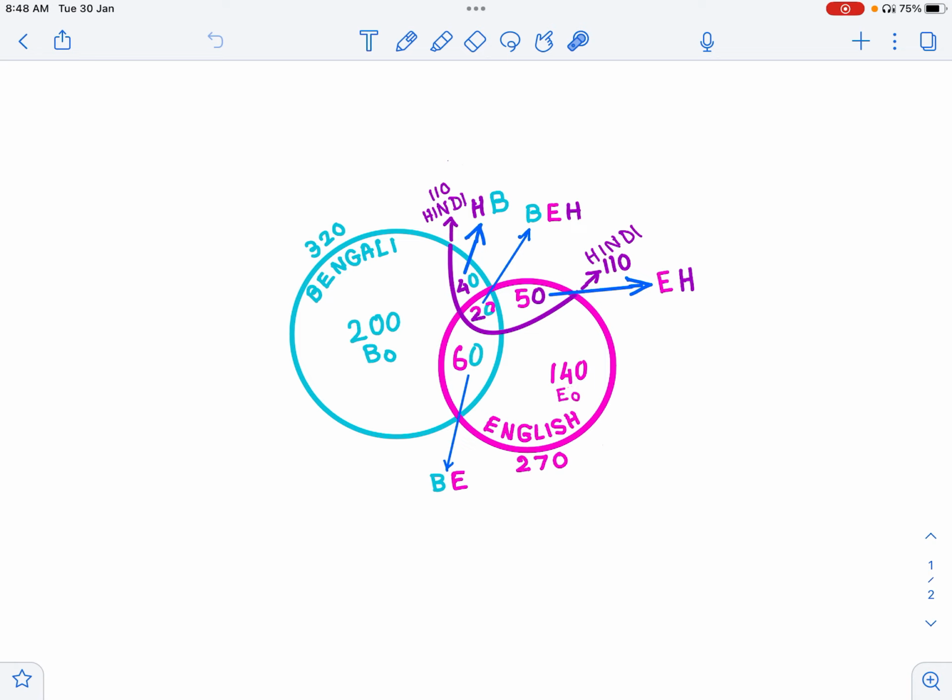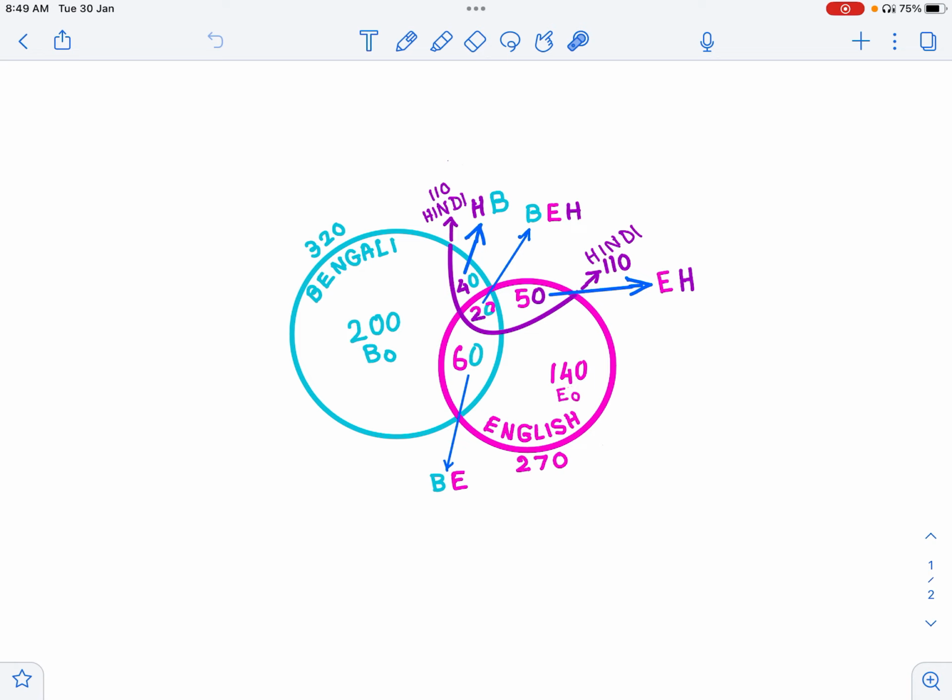The total number of students is 600, that includes 320 that learn Bengali, and 270 that learn English, that are expressed in pink color, and Hindi 110, that are used in this color, and Bengali is expressed in this color.